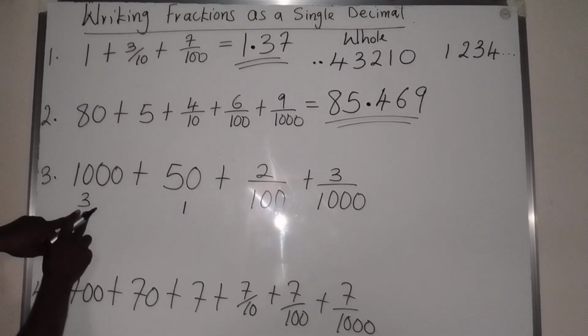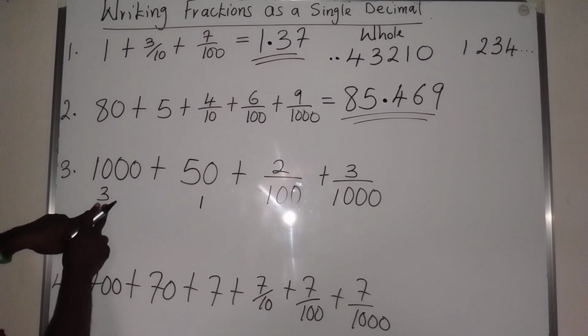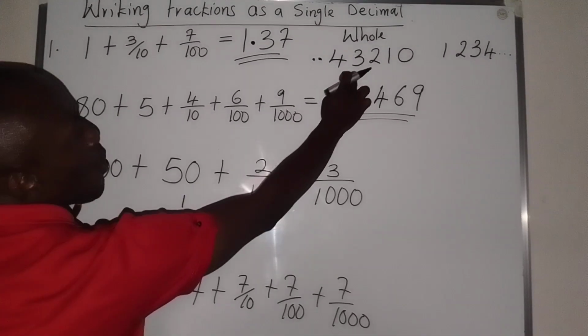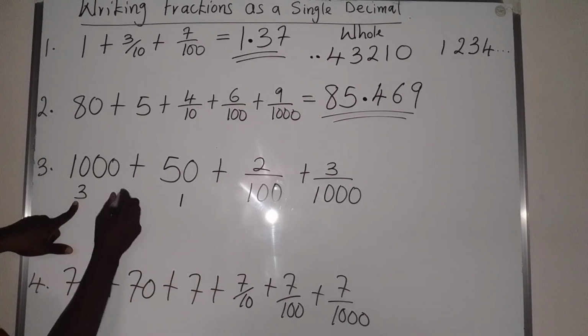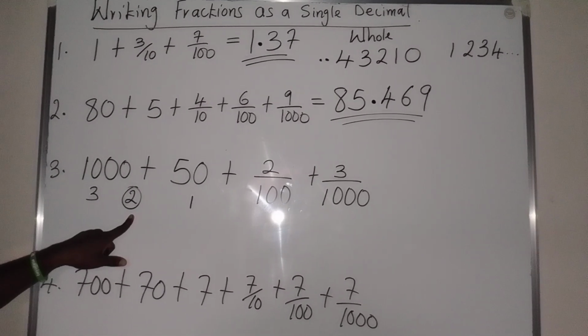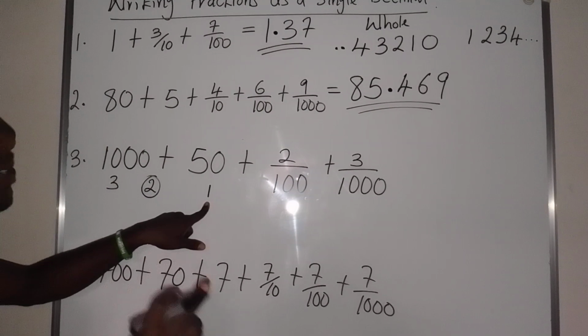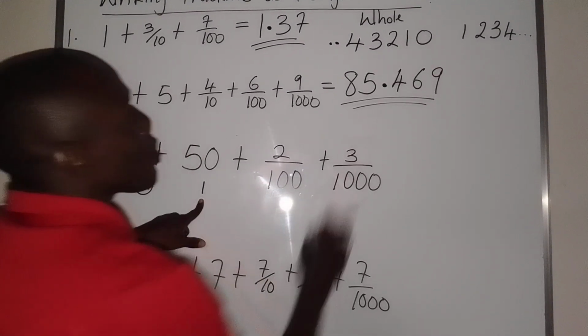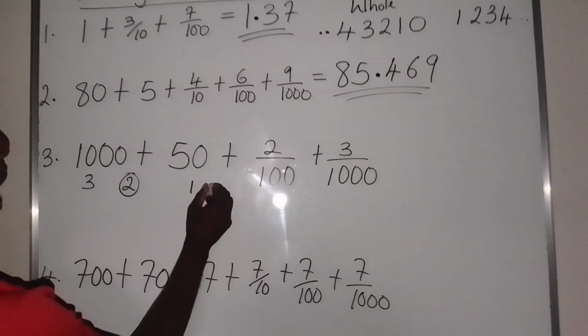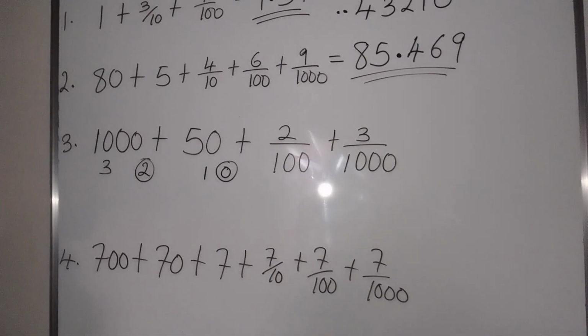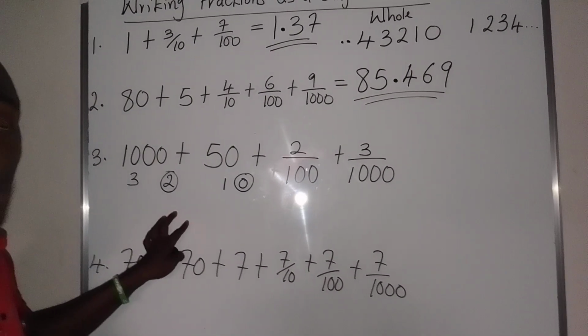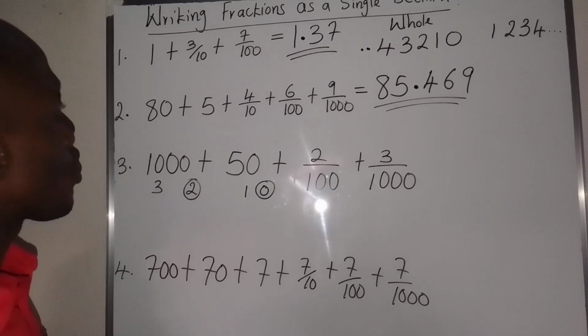For the whole number part, after a number with 3 zeros, we're supposed to have a number with 2 zeros. They skip it. After a number with 2 zeros, we're supposed to have a number with 1 zero. Okay, we have a number with 1 zero. After that, we're supposed to have a number without zero. Wow, they also skip that one. Okay, it's for a purpose, so that we know how to solve it.